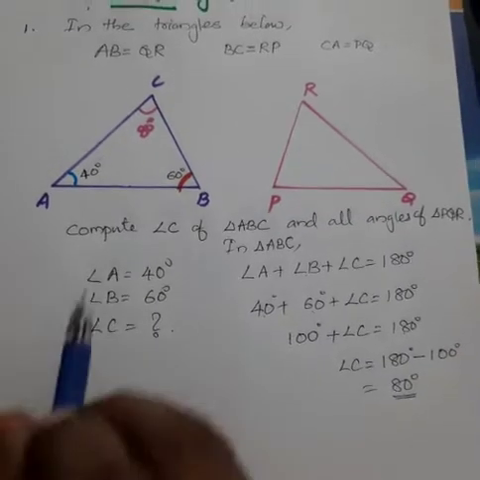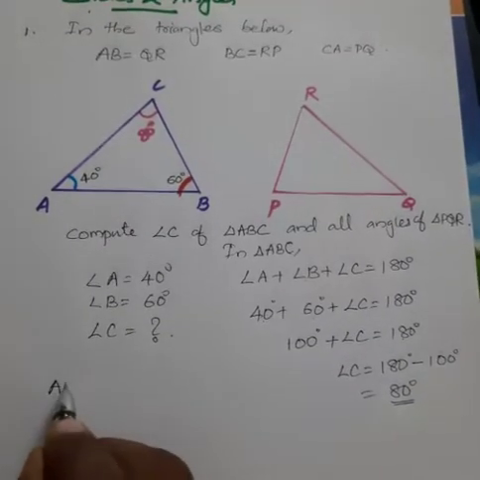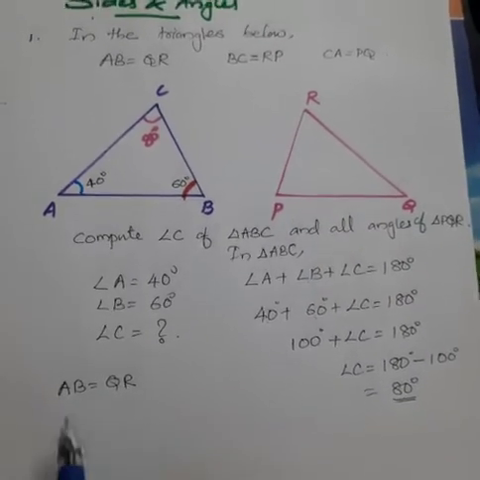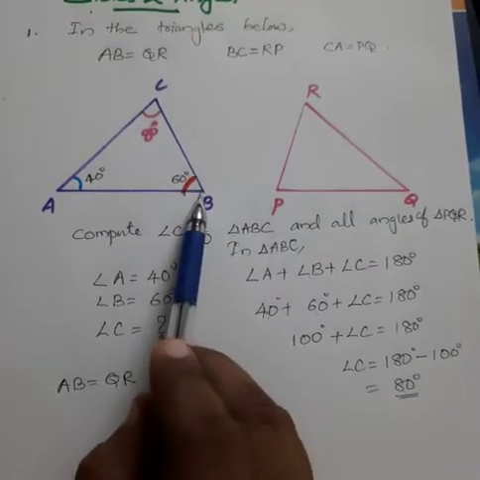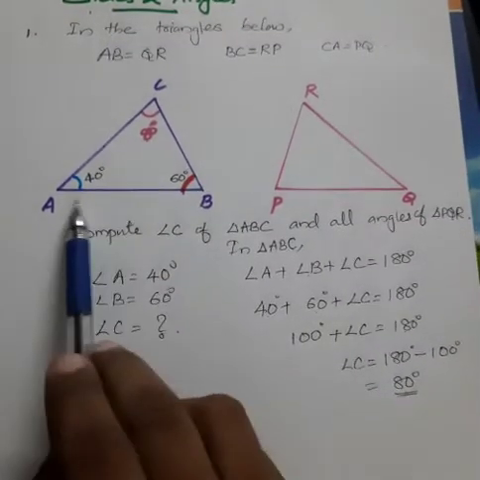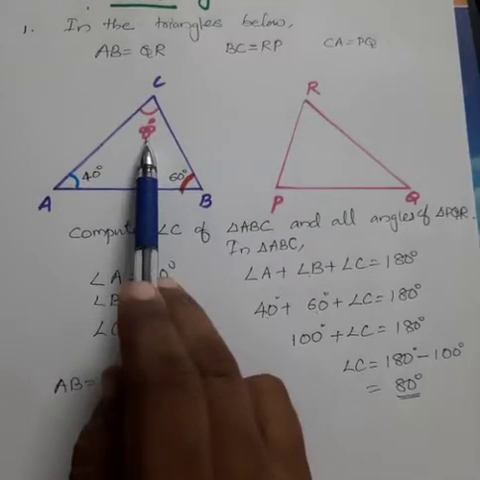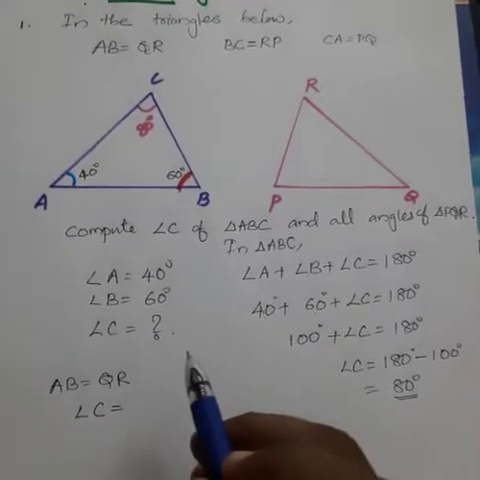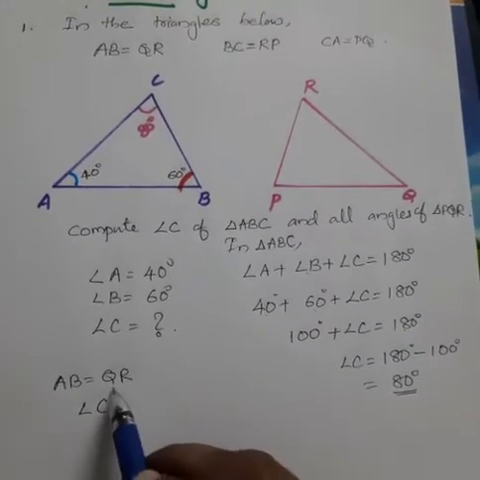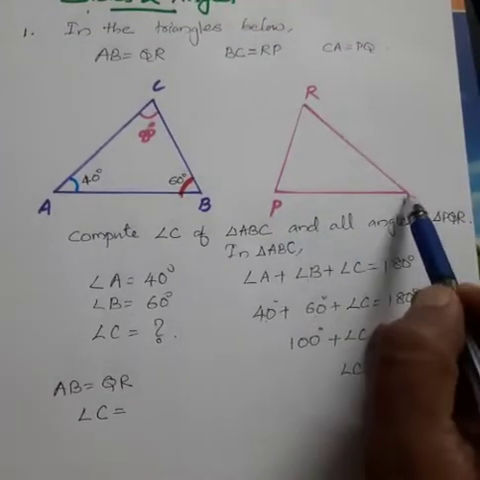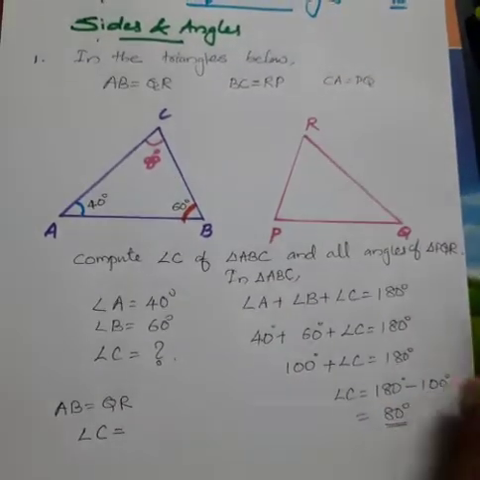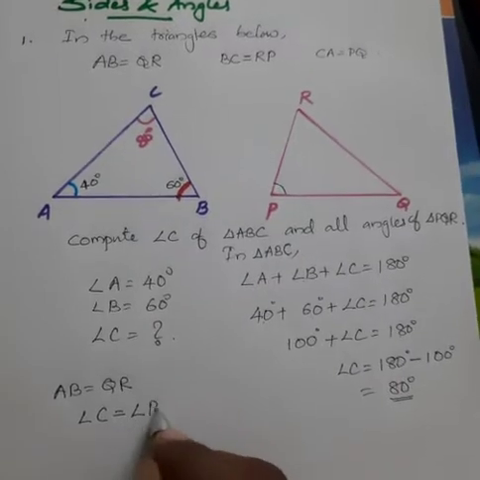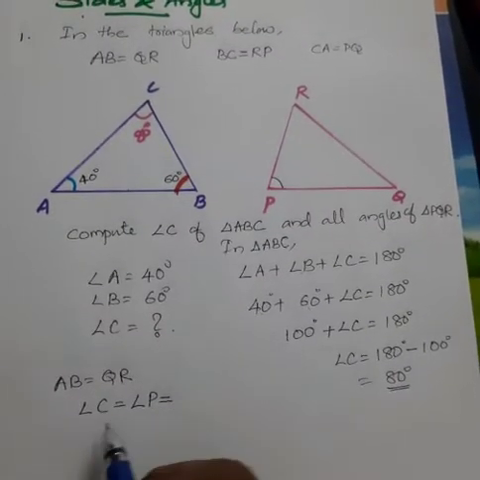So using this principle, the first side, AB, is equal to QR. The opposite angle of AB is angle C, so write angle C is equal to the opposite angle of QR, which is angle P. So angle C is equal to angle P. And what is the value of angle C?